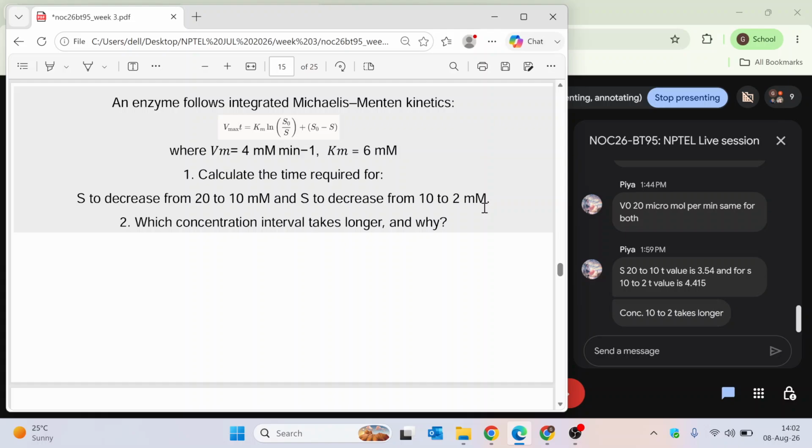If you are directly substituting the values, S0 20 and S 10 in the first case and S0 10 and S 2 in the second case, the time required is going to be 3.54 minutes for conversion of 20 millimolar to 10 millimolar, and 4.91 minutes for conversion from 10 millimolar to 2 millimolar.